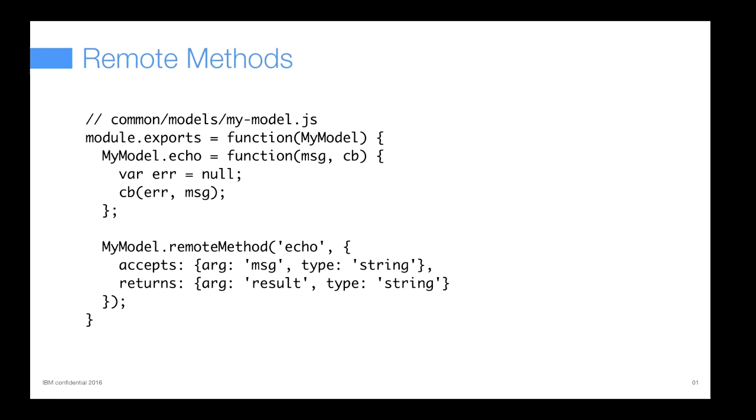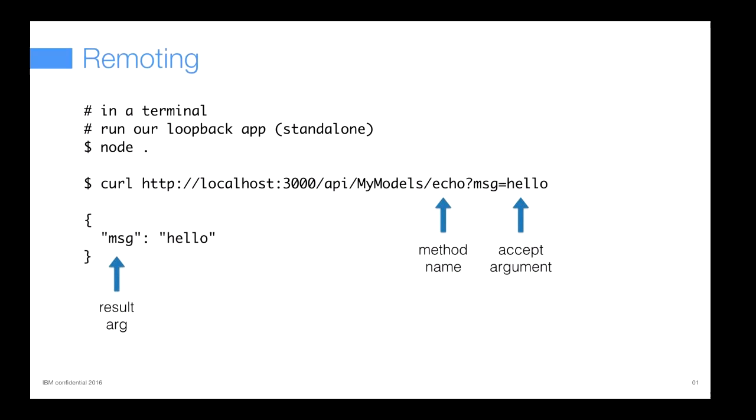You can call this method in JavaScript, or you can call this method in the attached adapter. By default, LoopBack exposes these methods over the REST adapter, which is what allows you to turn your JavaScript methods into REST APIs.